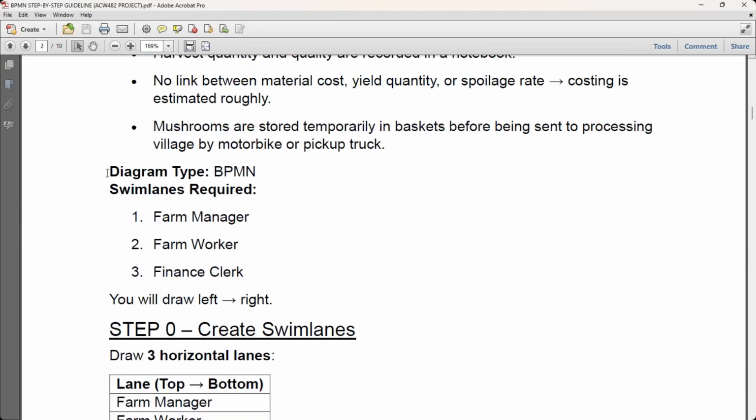To draw a BPMN, you also need a swim lane. Swim lane means something like this. I will show you in the Lucidchart later on. The difference between a swim lane by itself and BPMN is that BPMN has its own sets of notations and symbols.